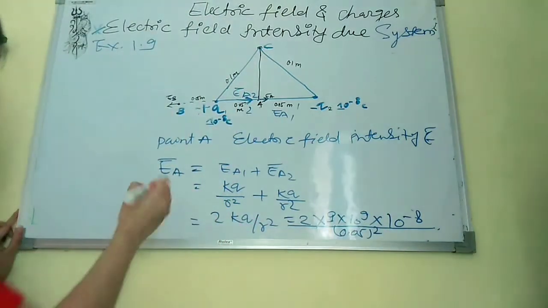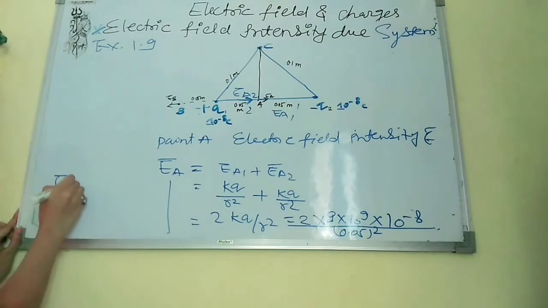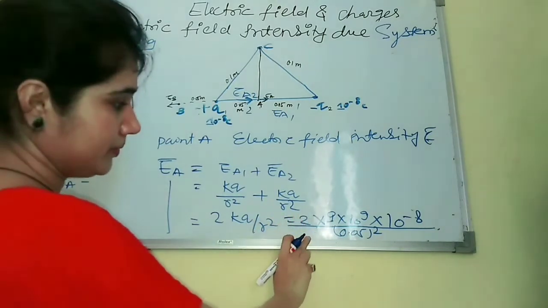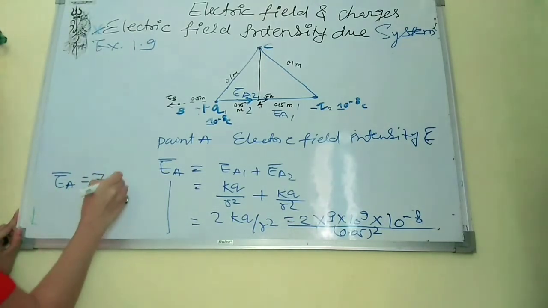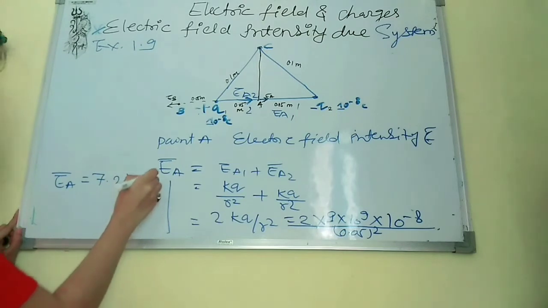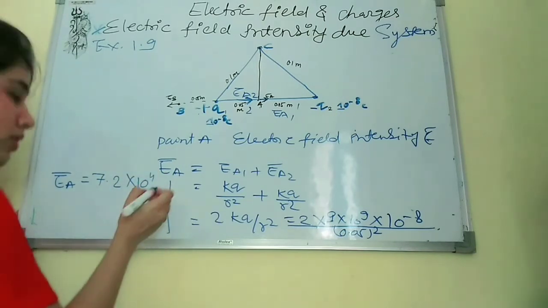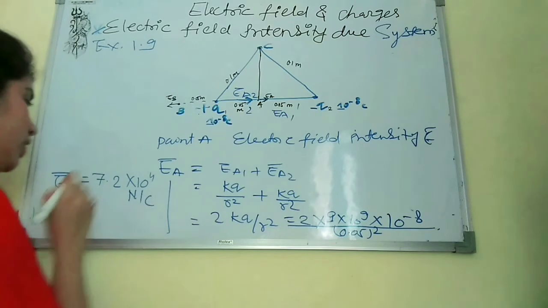So you will get the value of EA as somewhere around 7.2 into 10 to the power 4. Newton per coulomb will be the unit.